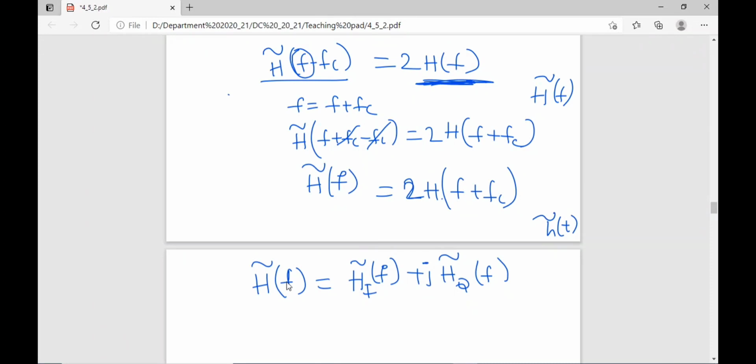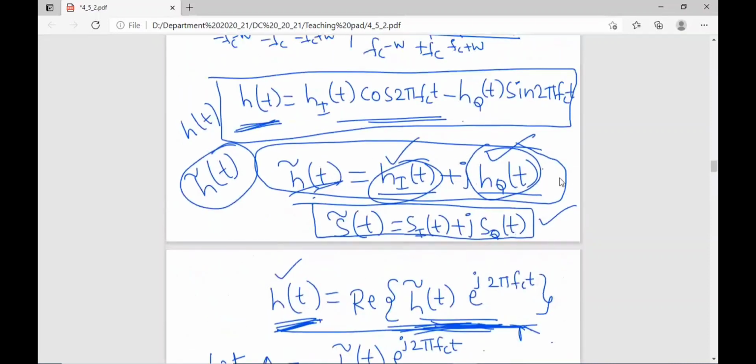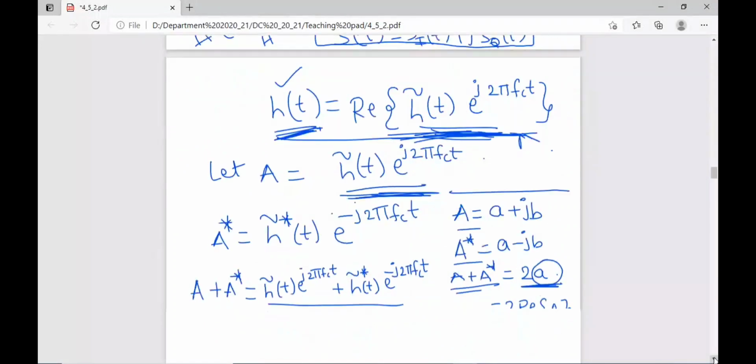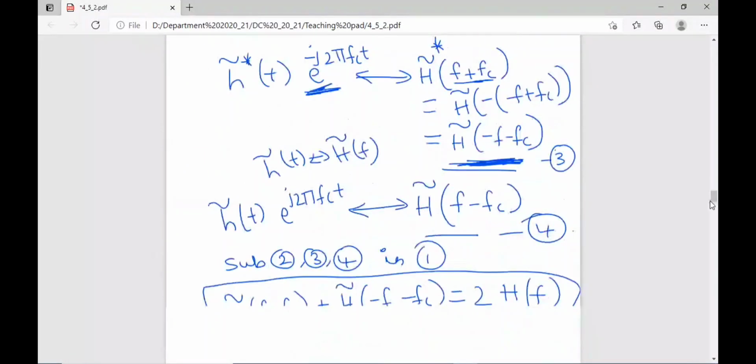H tilde can be represented using the in phase component and the quadrature component, which I've already represented here somewhere. Here I've represented it in the time domain. In the frequency domain, it will be H tilde of f, and for H I of t, it will be H tilde of t.